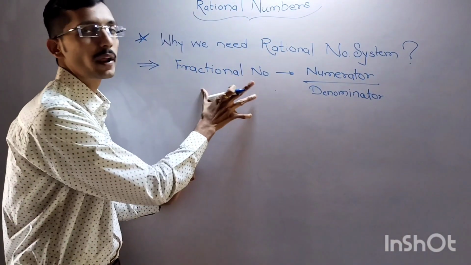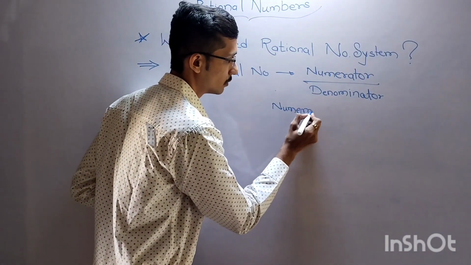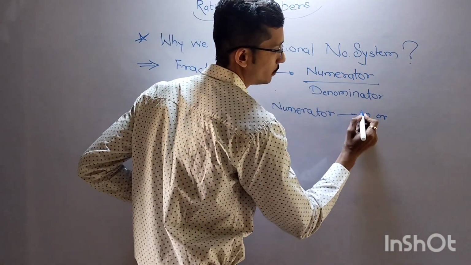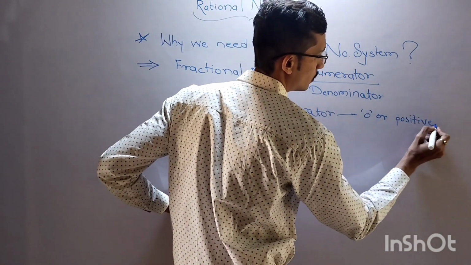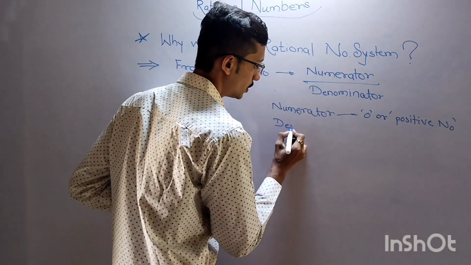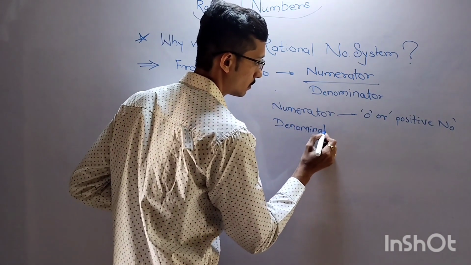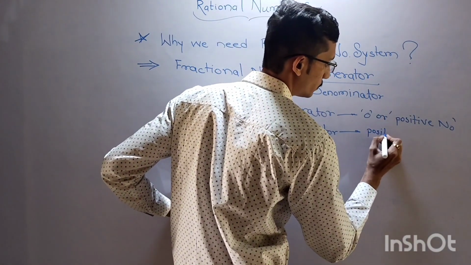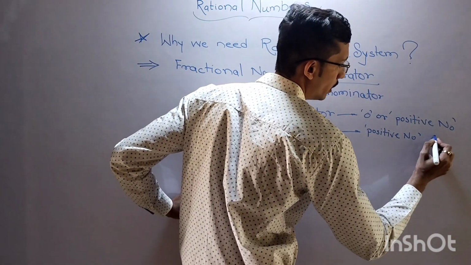But the condition for a fractional number is that the numerator must be 0 or a positive number, and the denominator must be a positive number only, not 0.